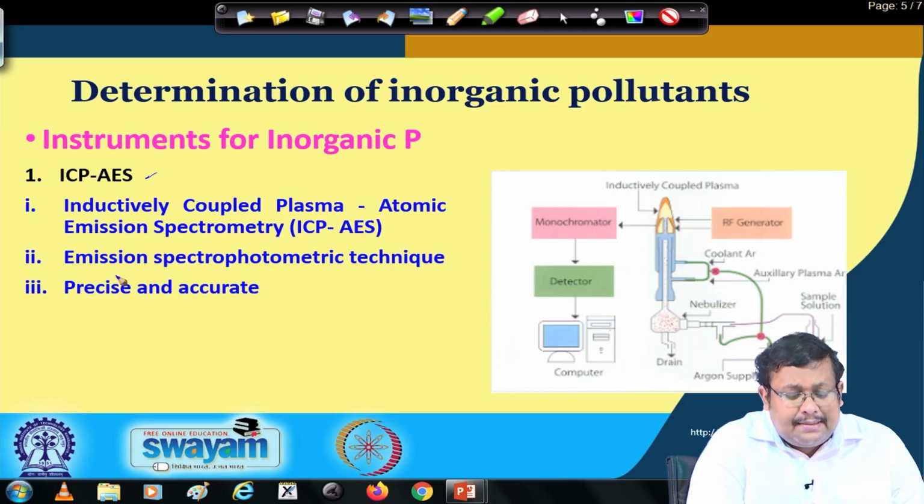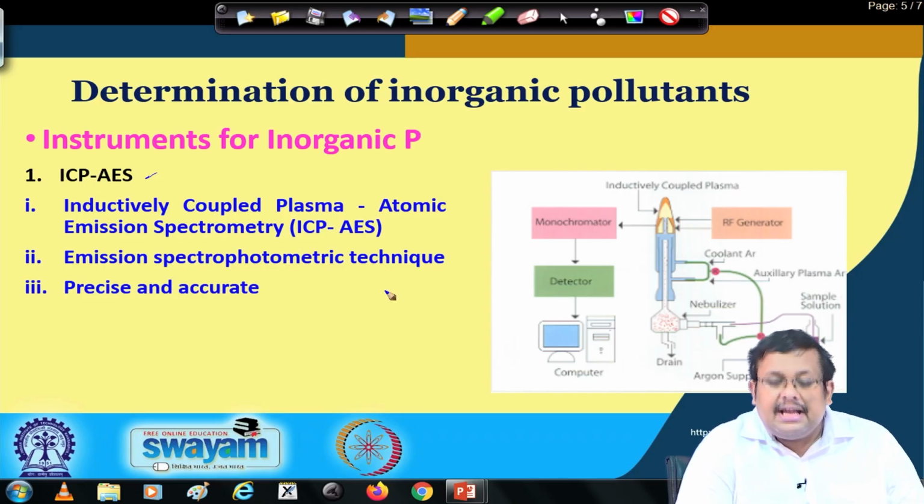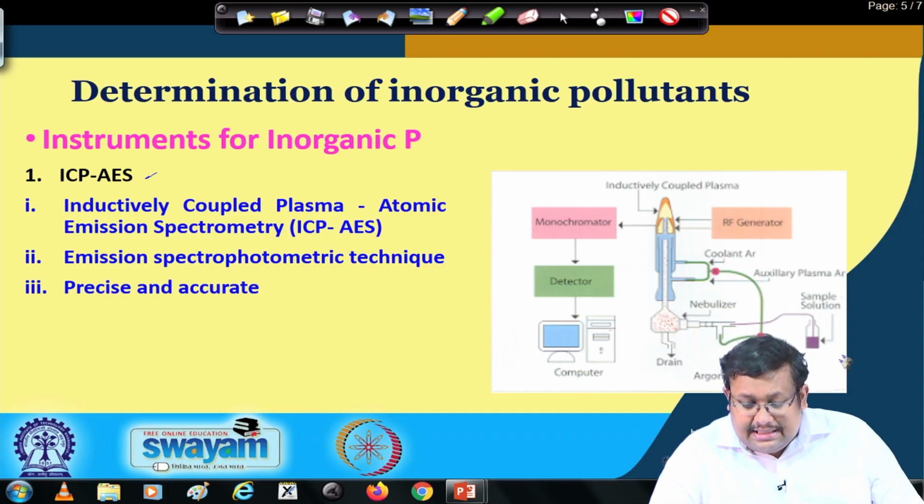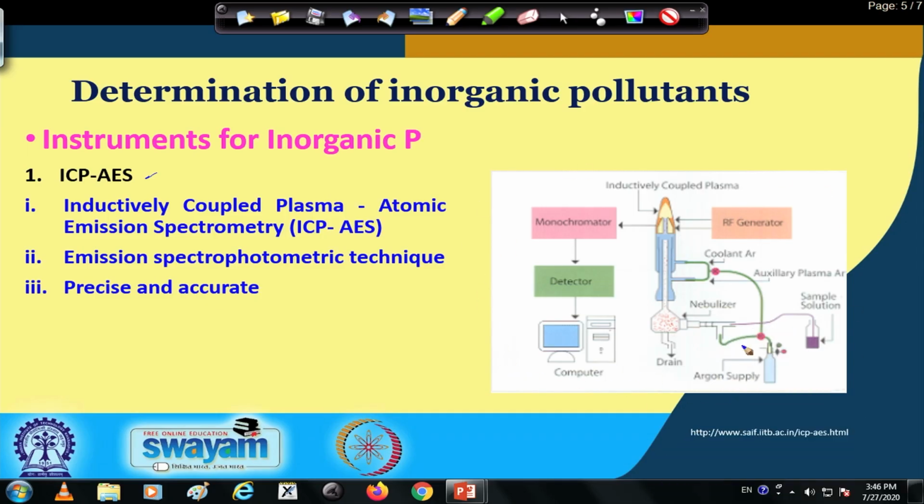This is an emission spectrophotometric technique and it is highly precise and accurate. This is the schematic of different components of the ICP-AES. Here the argon gas is supplied for generation of the plasma, and why plasma is required we will discuss. Also there is a nebulizer to help inject the samples into the plasma torch.